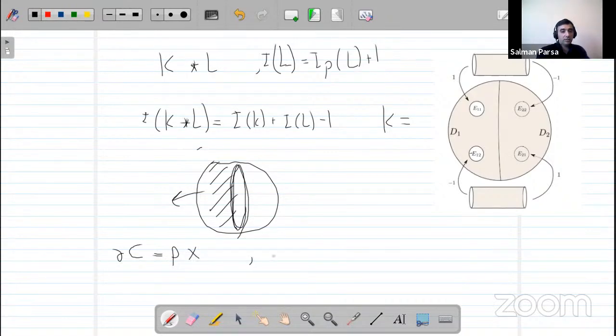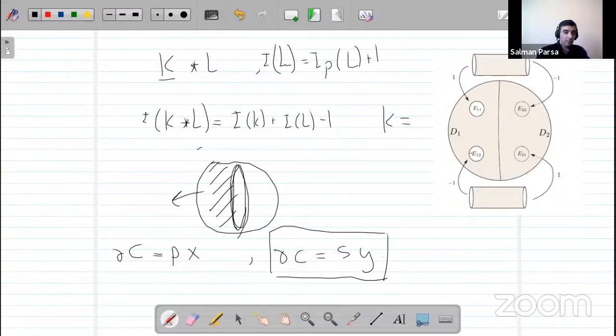But the condition that I can use to show that it is stable is that the boundary of C has to be S times some Y. So if you have this condition, we can show stability in K. If you have this condition in the certificate, which is non-trivial mod P. But if we have only that the boundary of our chain is P times X, but it is not S times X, then I couldn't show it.